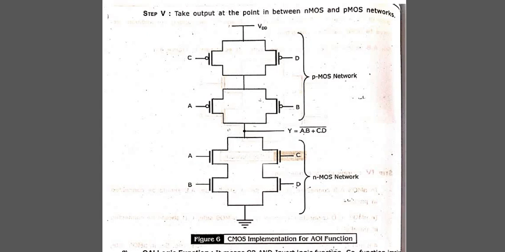AOI is nothing but AND-OR-Invert. This is the CMOS combination where you are getting the PMOS network combined with your NMOS network. Combined you get the CMOS network, which gives the operation Y equals (A into B plus CD) whole bar. So this gives you the circuit.